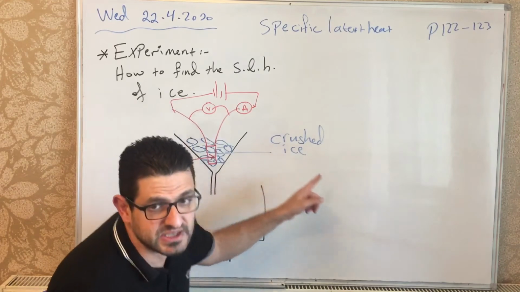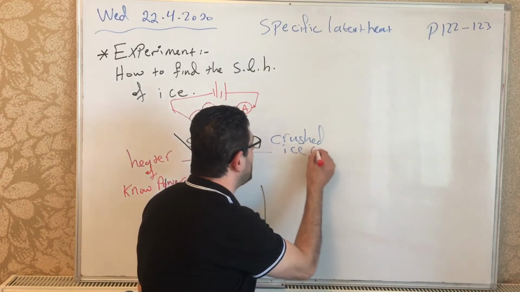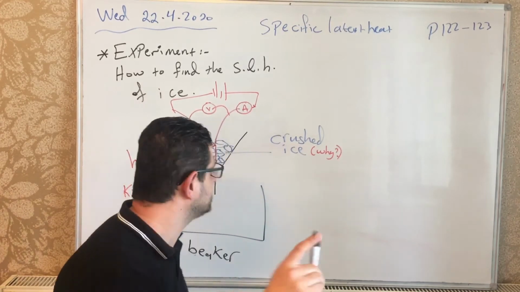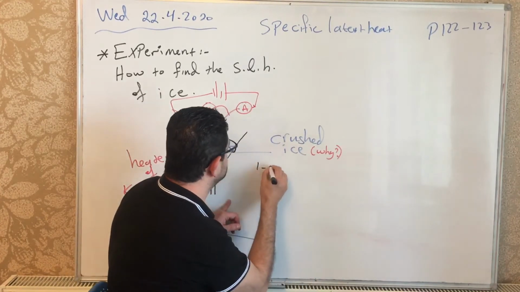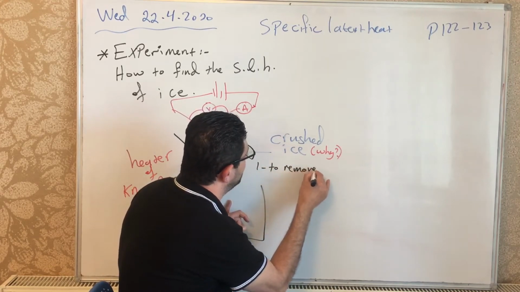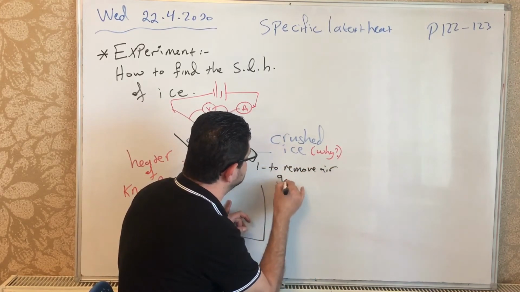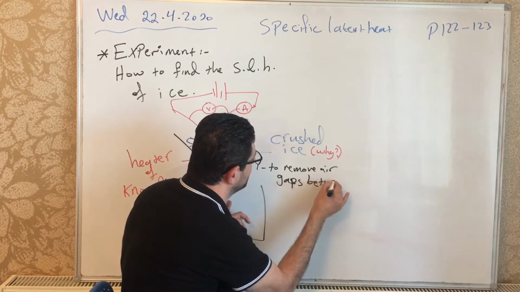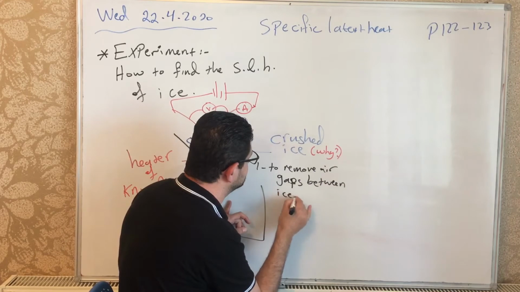Okay, the crushed ice is for two reasons. Why do we use crushed ice? Two reasons. First, to remove air gaps between ice cubes.